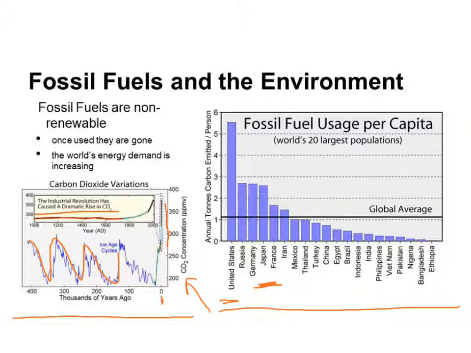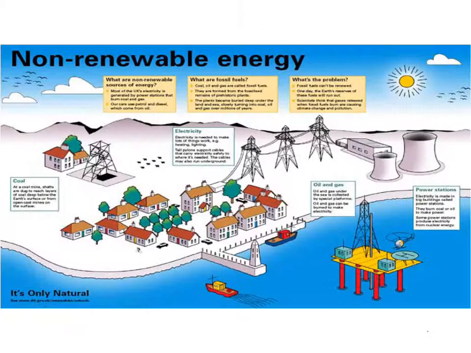So if we look at a little graph here, our fossil fuel consumption is increasing, and therefore so is our carbon dioxide output. But overall, our fossil fuel availability on Earth is decreasing, because they are a non-renewable resource, so that's an inversely related graph.